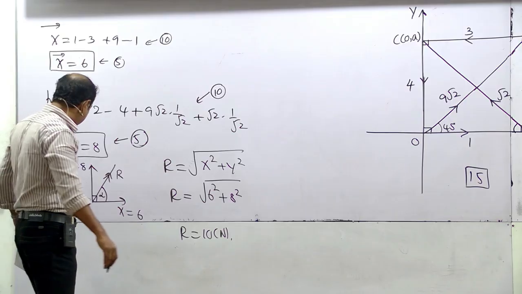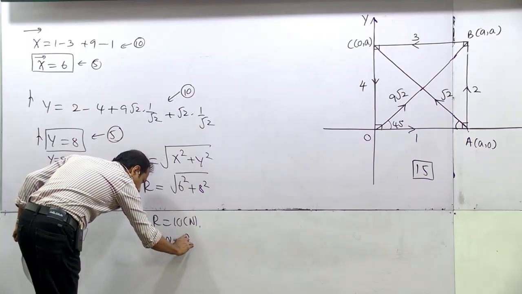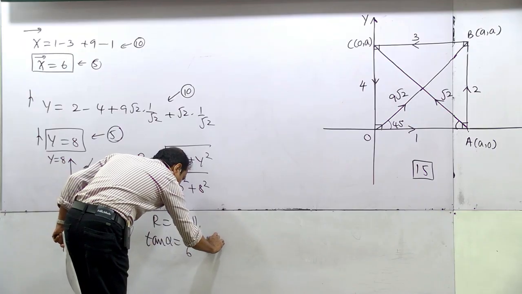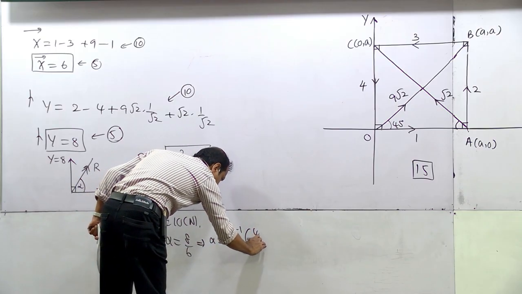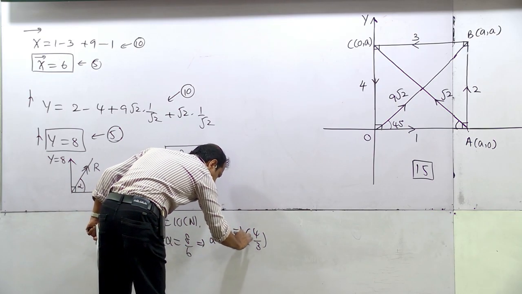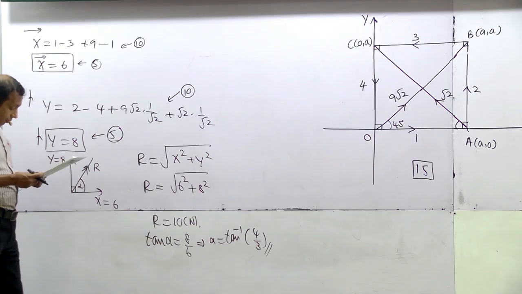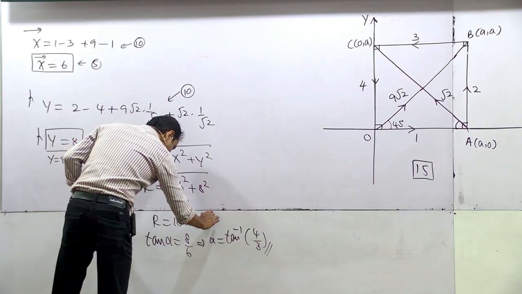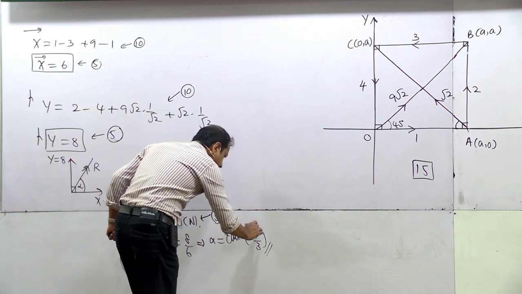What is tan alpha? Tan alpha is 8 over 6, this gives us alpha equals tan inverse 4 by 3. Yes, here this answer 5 marks, tan alpha 5 marks, this.